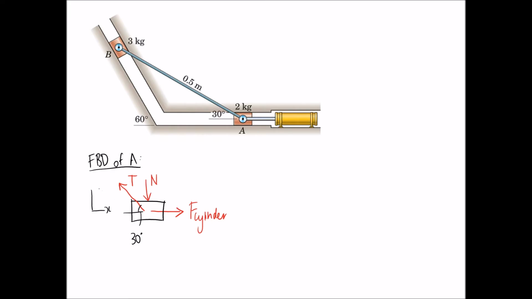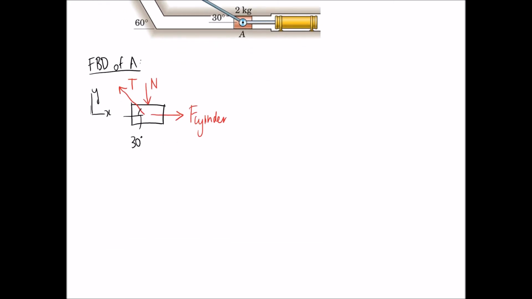So I'm going to use a normal X and Y coordinate system to sum the forces on this block. And we're going to look at the forces acting in the X direction because that's the direction this thing is going to be able to move. So this is our equation. Now in the X direction, we're going to have the force of the cylinder minus T cos 30 from the bar.